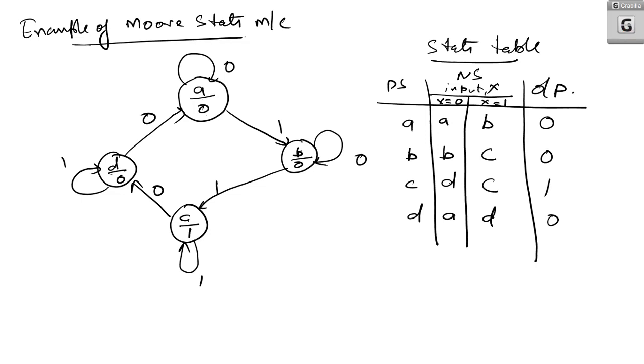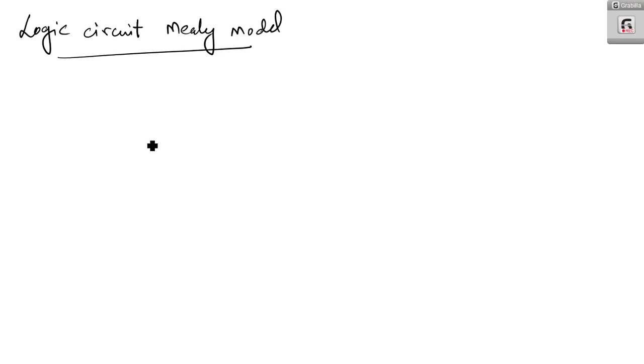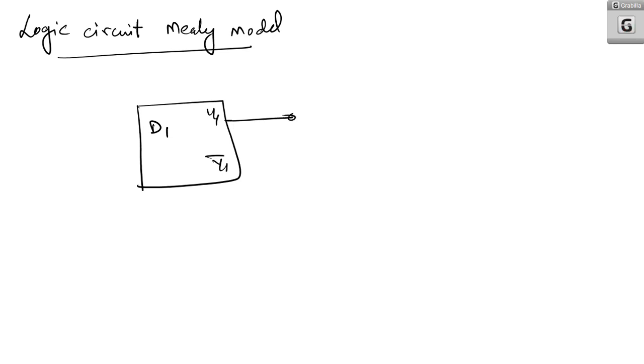Now, let me draw an example of a logic circuit of the Mealy model. This is an example. We will have flip-flops, say D1 with output Y1 bar, and here I am having the output.